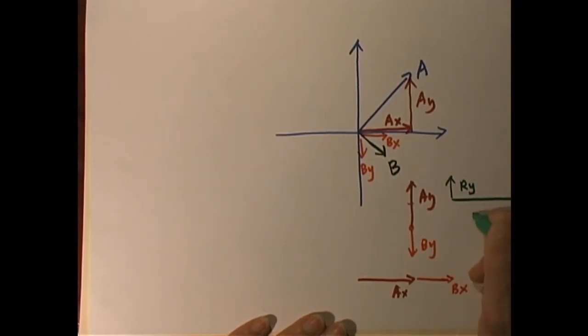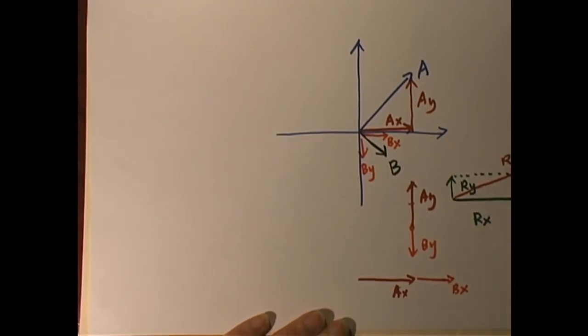That is the Rx. So I predict our resultant Ry, Rx. So our resultant will end up in that direction. That is our resultant R. Let's take a look whether this is true or not.